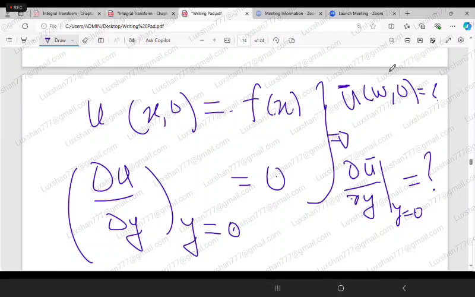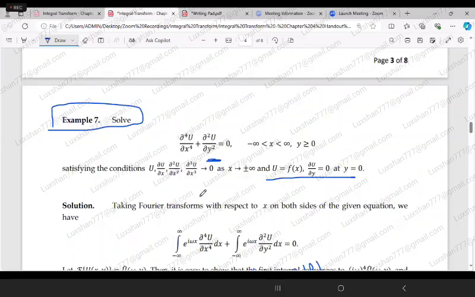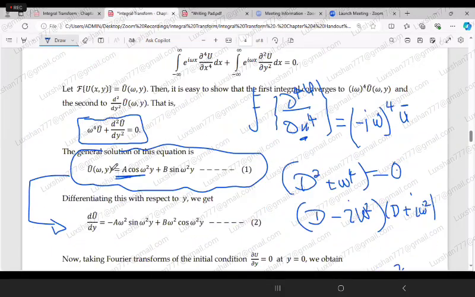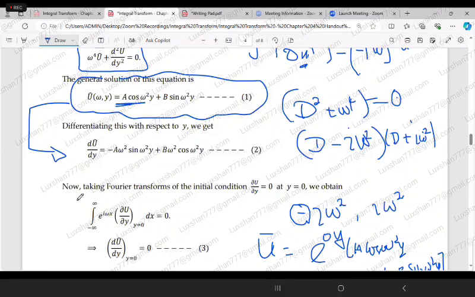These two we want, but the function we have is the u bar function. Therefore, these initial conditions should be converted to the form u bar(omega, y) and du bar/dy. That is why we are taking the derivative and applying the definition of the Fourier transform.